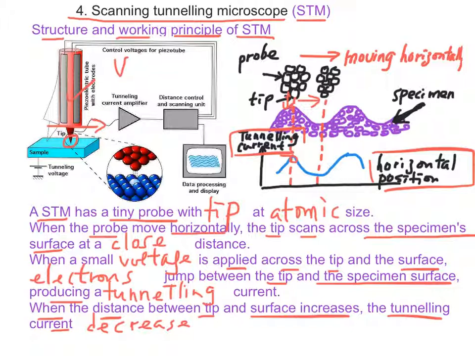On the other hand, if the distance between the tip and the surface of the specimen is longer, then the tunneling current will decrease. By studying the variation of tunneling current with horizontal distance, the shape of the surface of the specimens can be studied.